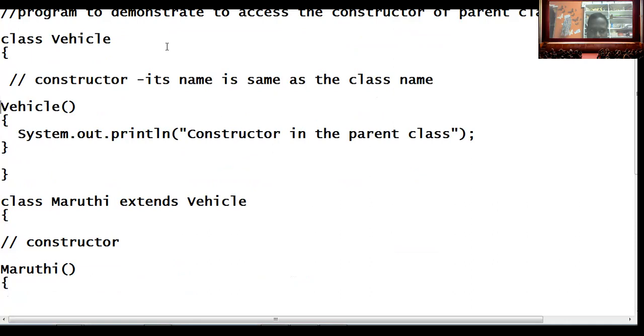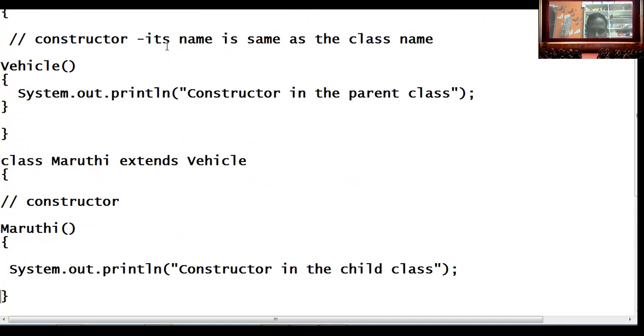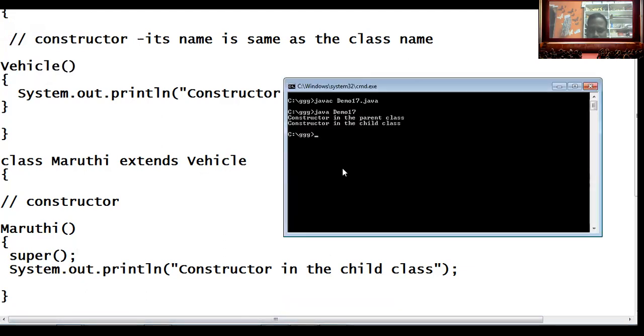Vehicle is a constructor, and Maruti is also a constructor. The super keyword is the one which is used so that we can get both. Consider the parent class and consider the child class.